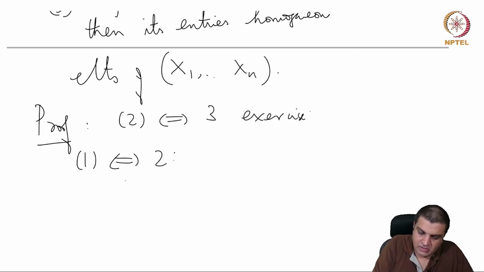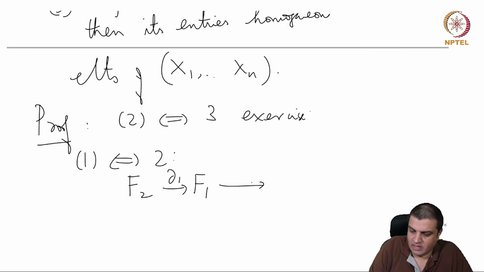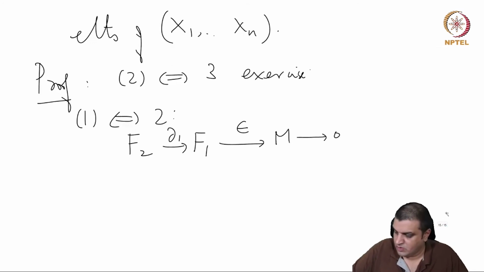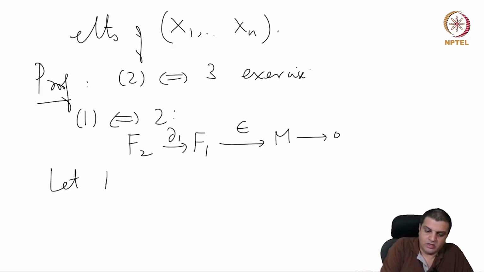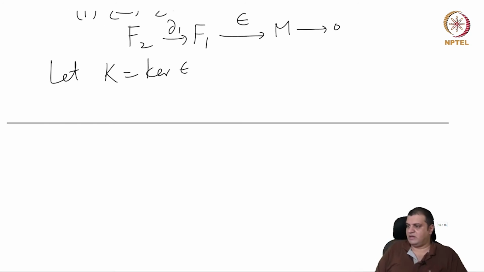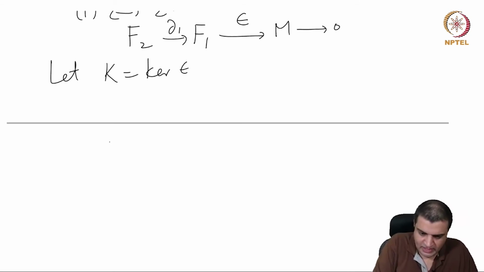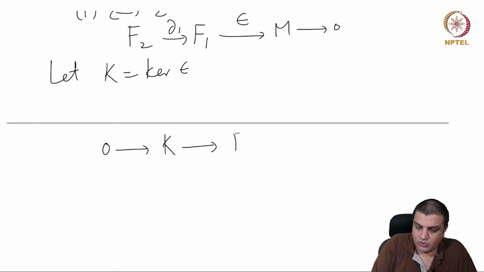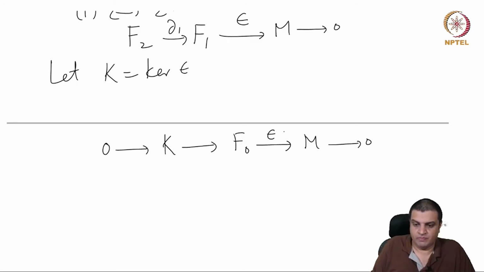The map F1 to F0 is partial 1, and this map let's call epsilon. Let K be the kernel of epsilon. So then we have an exact sequence, K to F0 to M to 0. This is the map epsilon.